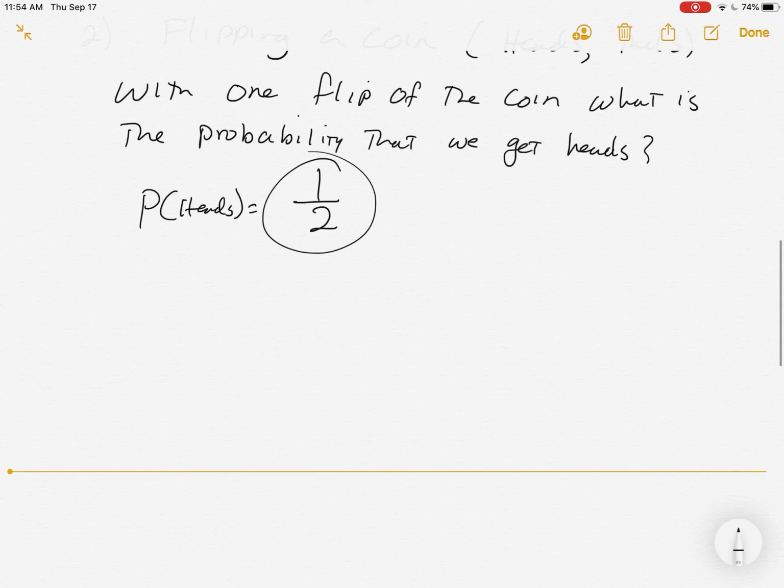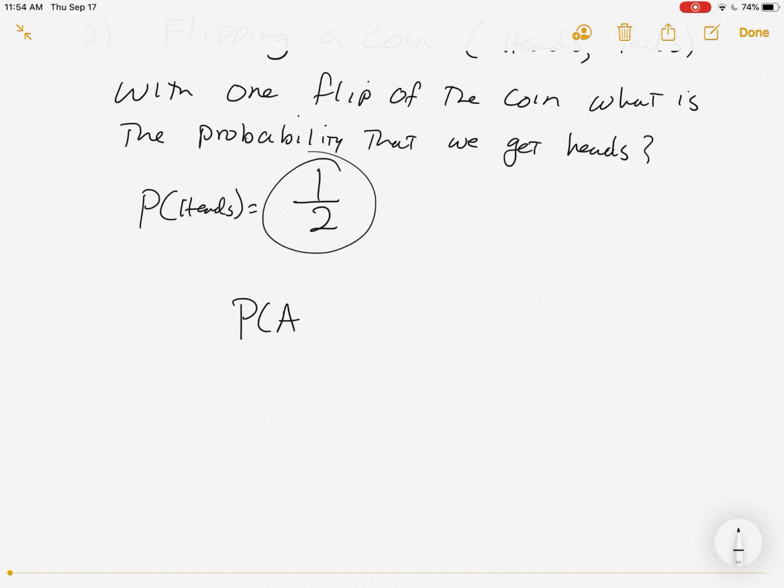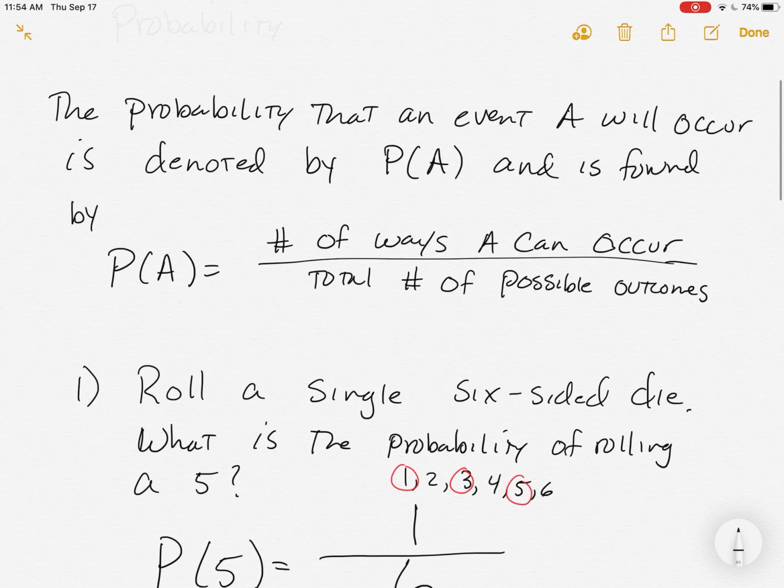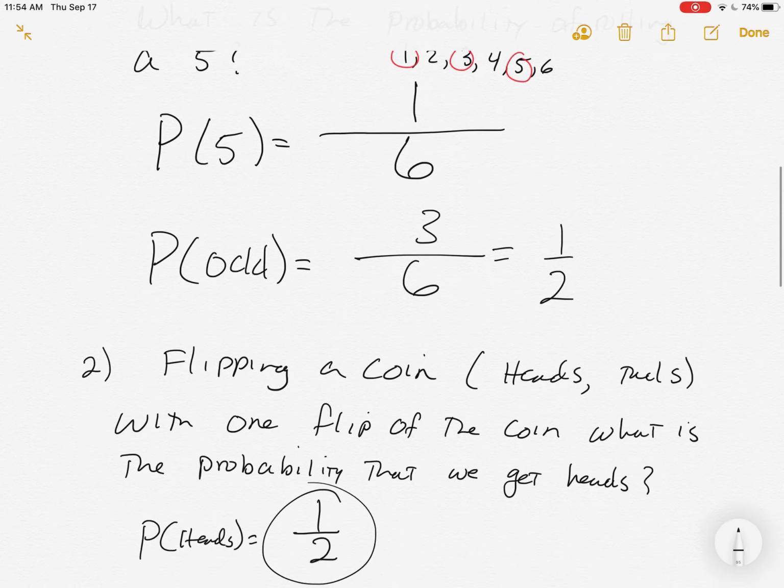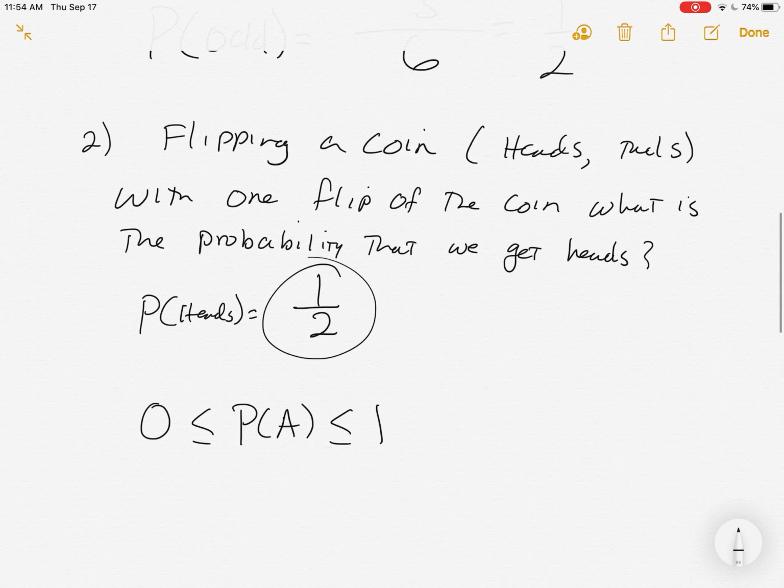Okay. So what you want to notice about probabilities is probabilities are bound between 0 and 1. They can never get any higher than 1. There's no more ways for A to happen than total number of possible outcomes. So it's always a true fraction. But it's possible that A doesn't occur at all.